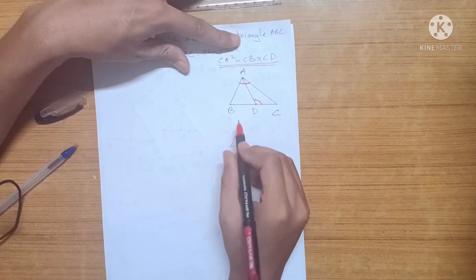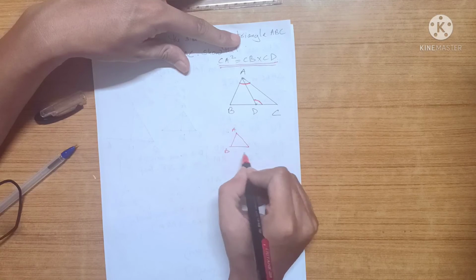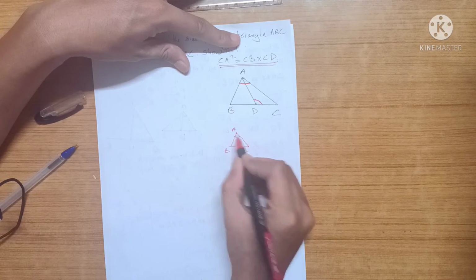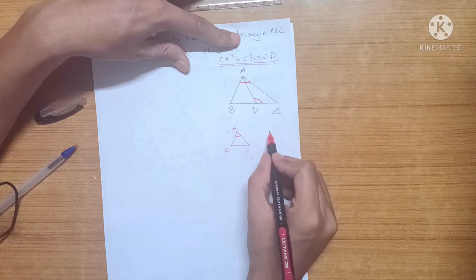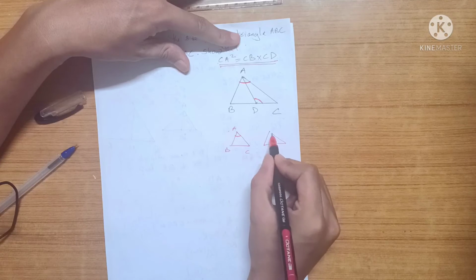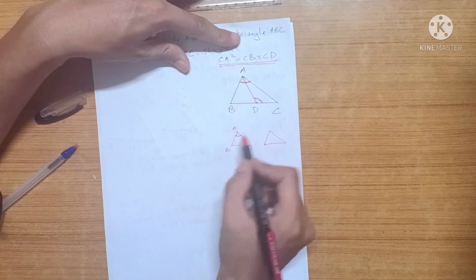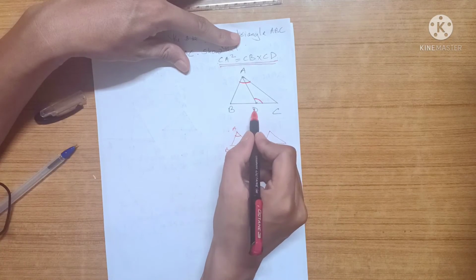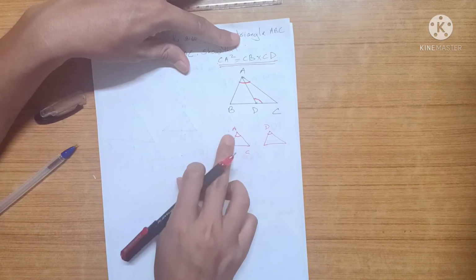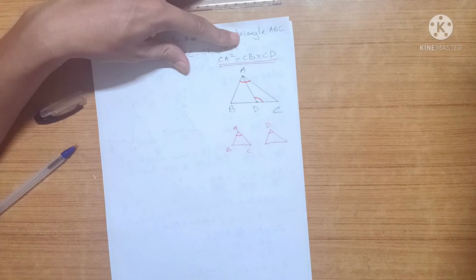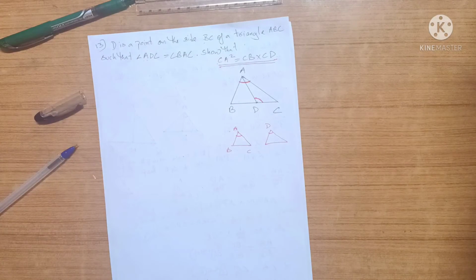ABC, I'll just draw ABC first, okay? The big triangle, ABC. Angle A is equal to angle D, they have given us. So I'm going to draw the smaller triangle according to what they gave us, and I'm going to write angle A and angle D as equal on top, because they are equal. Now, what other angle is equal?